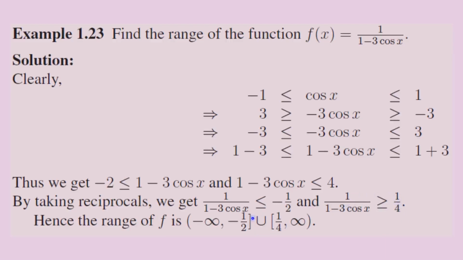So closed interval 1 by 4 comma infinity. கிரேட்டரா இருக்கணுங்கிறதுனால infinity-ன்னு சொல்லியிருக்காங்க. So range of f is open interval minus infinity comma minus 1 by 2 union closed interval 1 by 4 comma infinity. Thank you students.